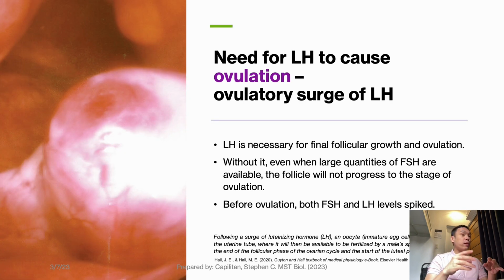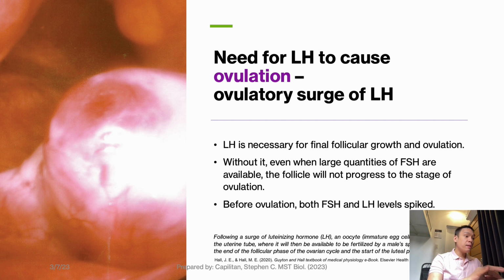There is a need for LH to cause ovulation. That's why there is an ovulatory surge of LH. LH is again necessary for final follicular growth and ovulation. Without it, even when large quantities of FSH are available, the follicle will not progress to the stage of ovulation. Before the ovulation, both the FSH and the LH levels are spiked.